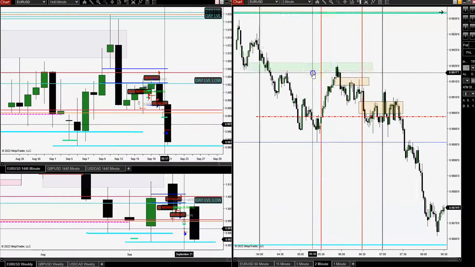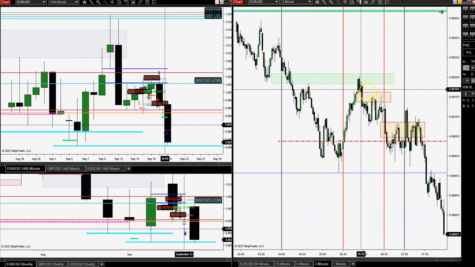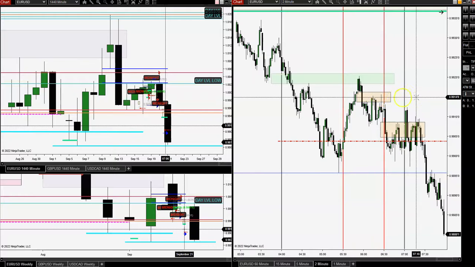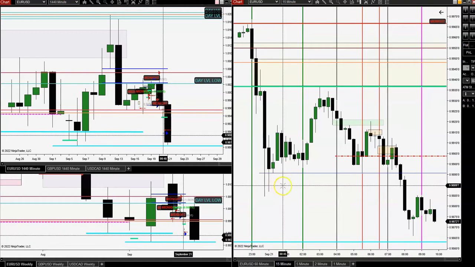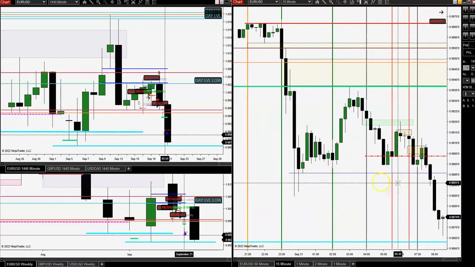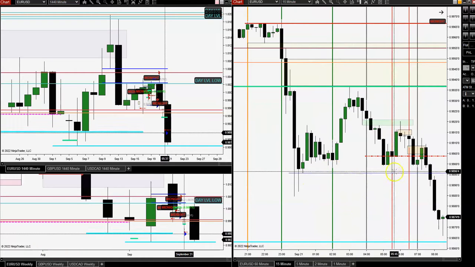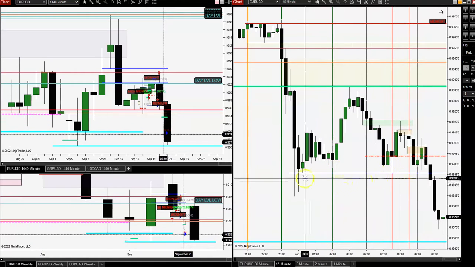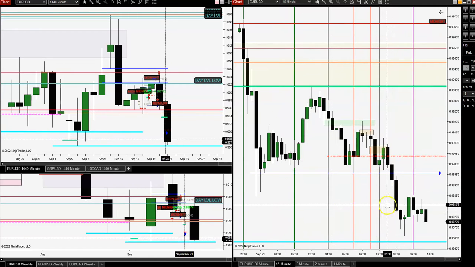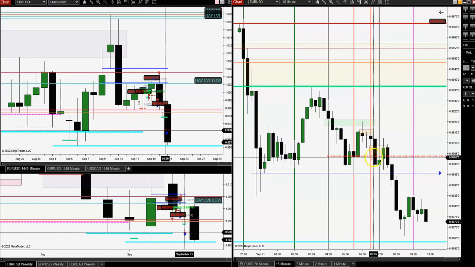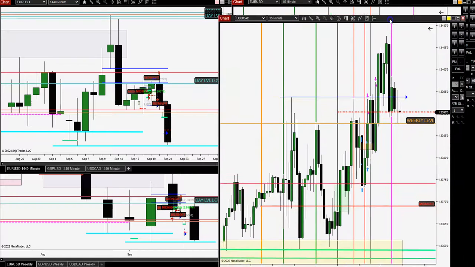What I was thinking was, if I wasn't confident in taking this trade, this one here would have been a nice area to take. And then obviously we had relative equal lows here, came down, took that out, and so that would have been a nice opportunity. The one that I ended up taking was with dollar CAD.